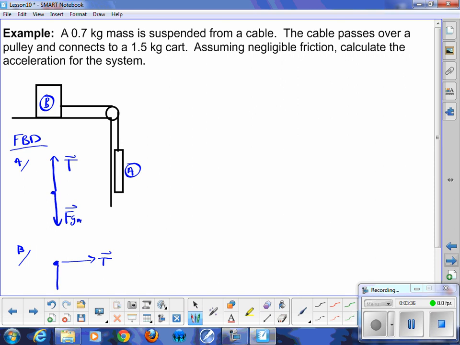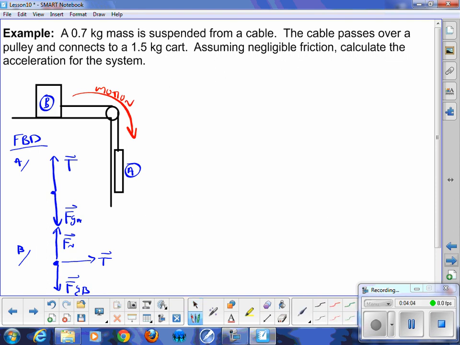We then have the force due to gravity, FGB, and also our normal force. So there are the 2 free body diagrams for this system. So direction of motion, this is where you take an educated guess. Since there's no friction, we can assume that is the direction of our motion. I'm just going to put that in there for note purposes.